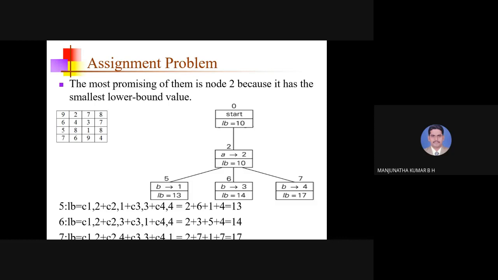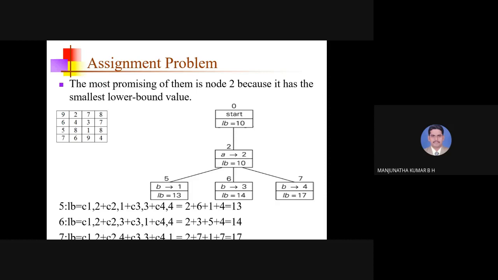Now observe the person D. Person D, smallest number is 4, but actually the fourth column now I am giving for the second person, person B. Okay, I am not supposed to take 4 for person D. I should go for the next smallest number in the fourth row. What is the next smallest number? It is 6. But I am not supposed to take 6 also.